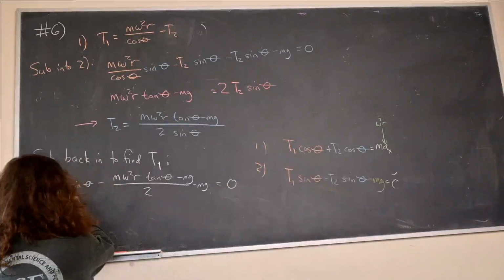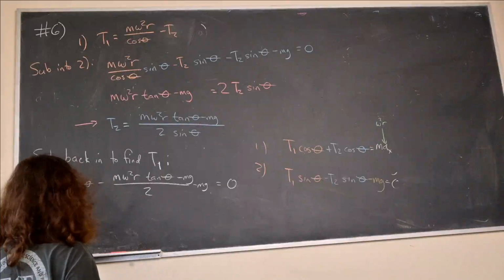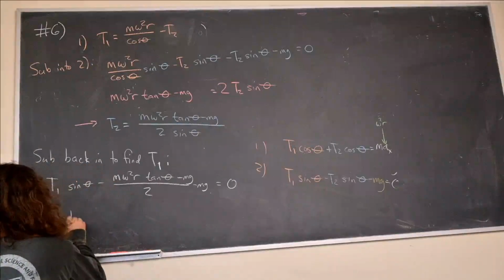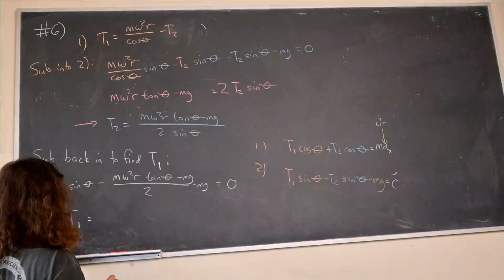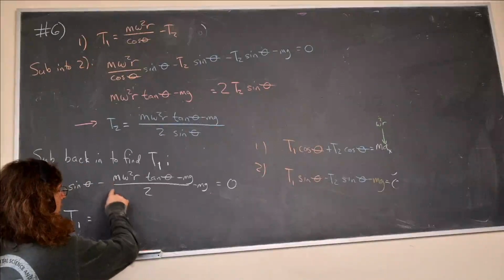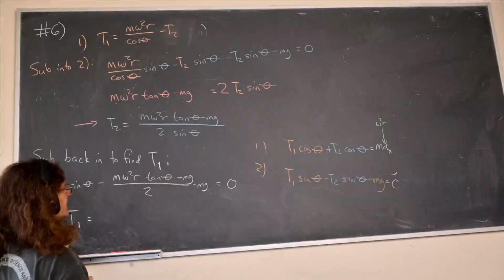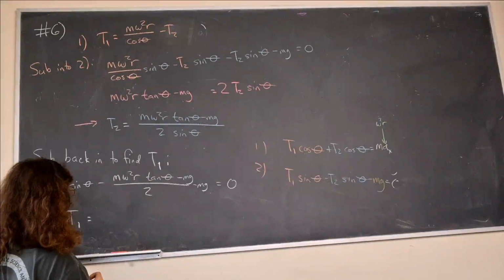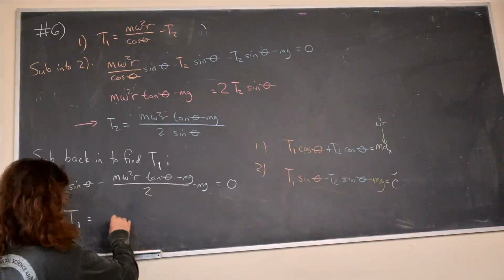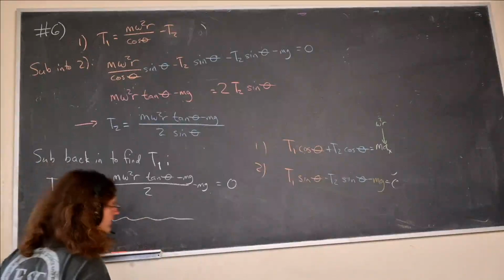Hey, this is an equation that's just got a T1 in it, right? So T1 equals all of this garbage divided by sine theta. And, I'm out of room. I'm not going to write it all down.